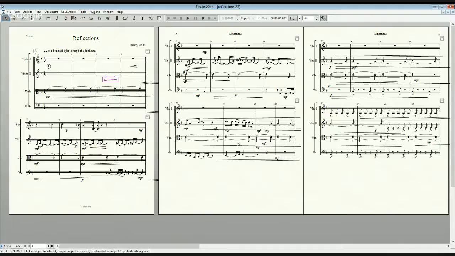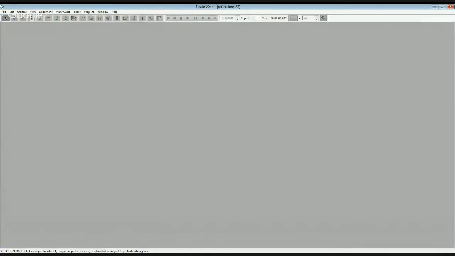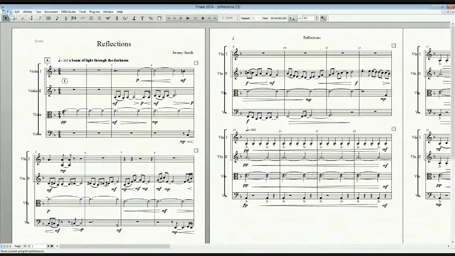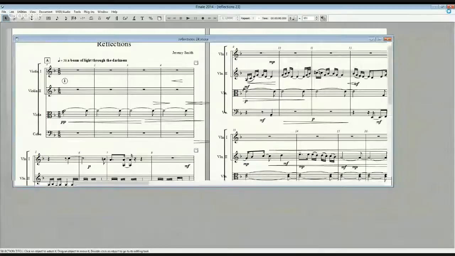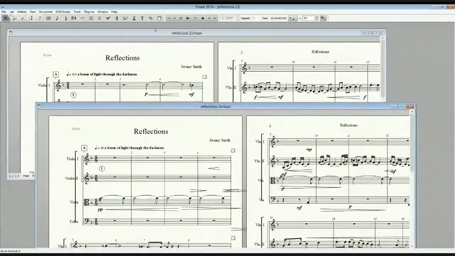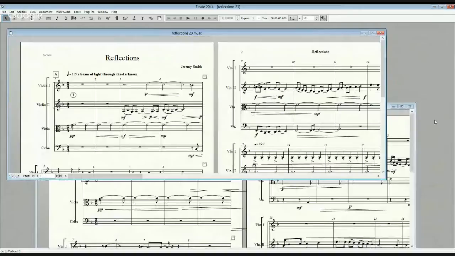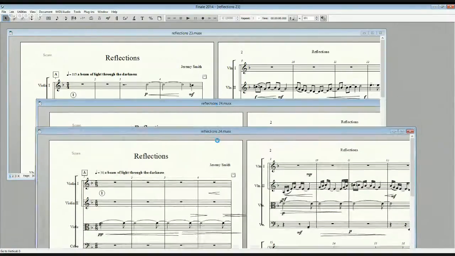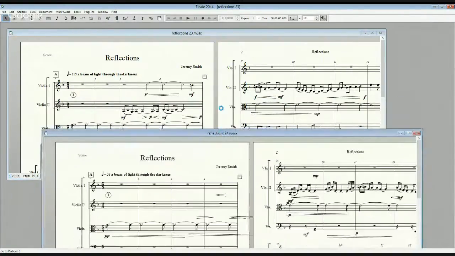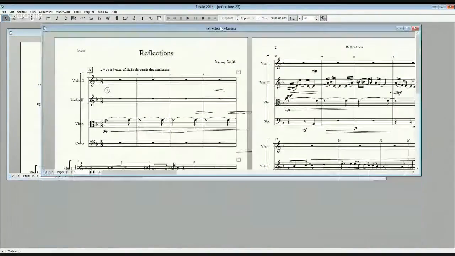Let's see. And this. How did it double some of these measures, though?